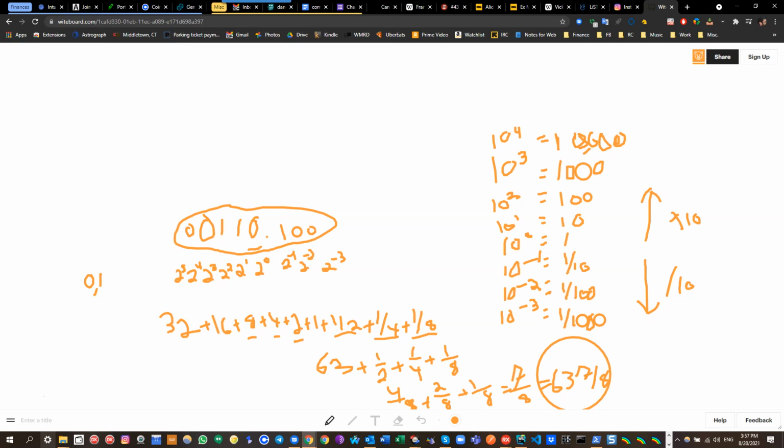And one of the reasons binary is important is it's used in computer science, because computers are based on things being in one of two states, either on or off, true or false, which you can express with a 1 or 0. 0 is off or false, 1 is on or true.